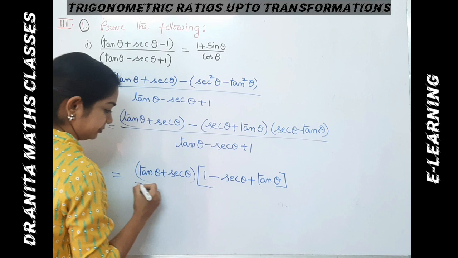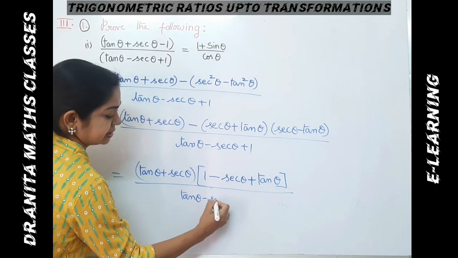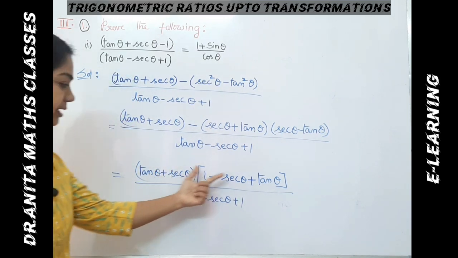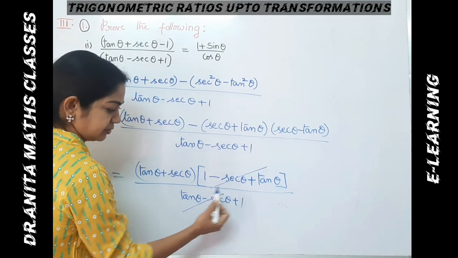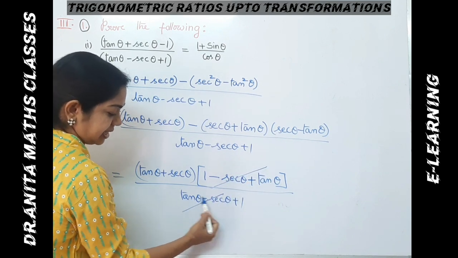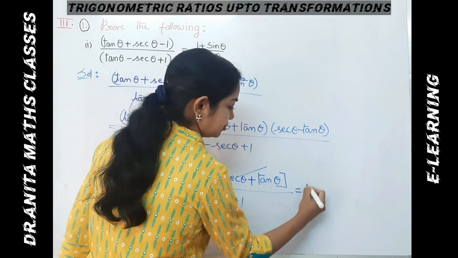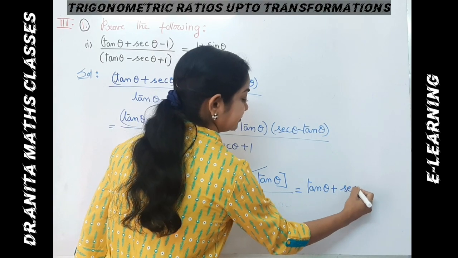That is tan theta minus secant theta plus 1 in the denominator. So if you see clearly, they are multiplied, so you can cancel this and this, because minus secant plus tan and plus 1 are the same. This comes to only tan theta plus secant theta.